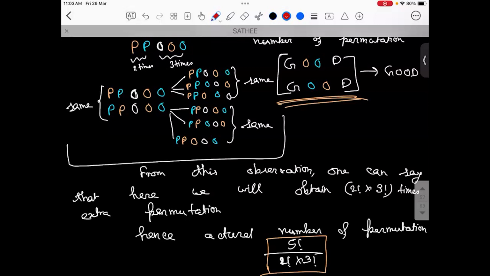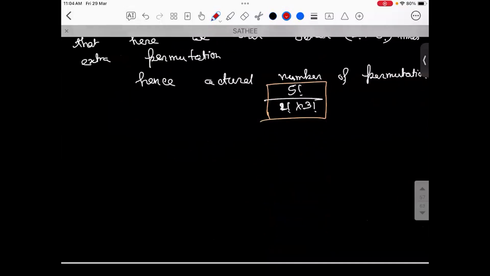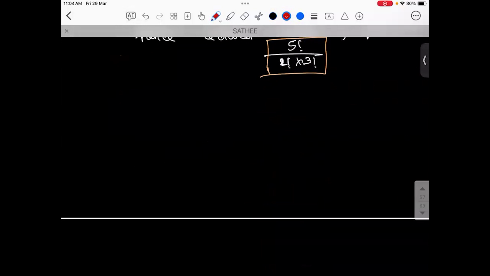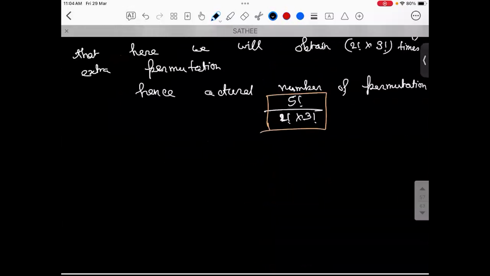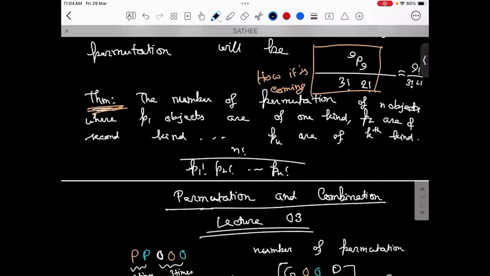So thus we can get the number of distinct permutations for the case where all the elements are not distinct. By this process, one can prove it for k elements by induction, and obtain this theorem we stated in the last class.